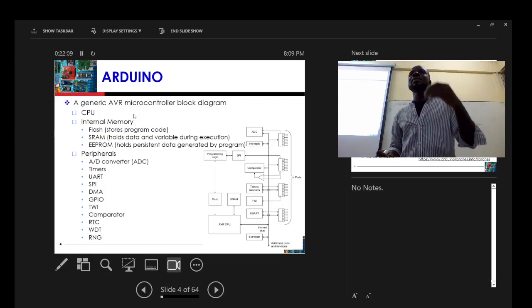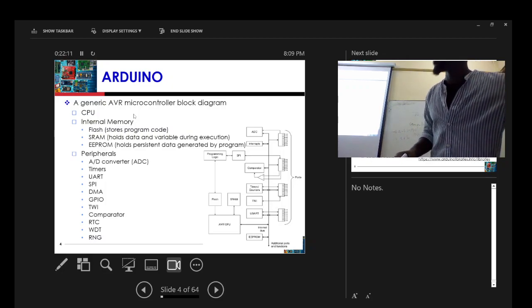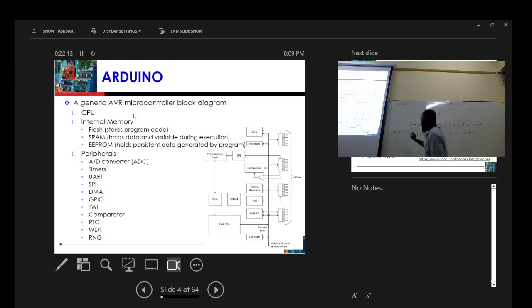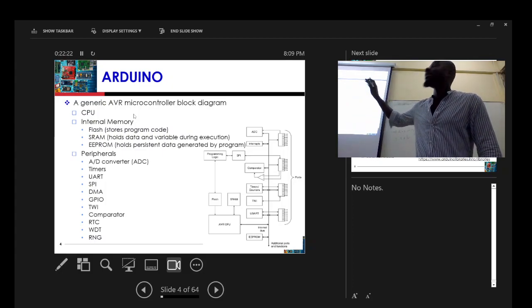Once it is running, you can see there is data here. A is equal to 5. Where will it store A? Sorry, in the SRAM.